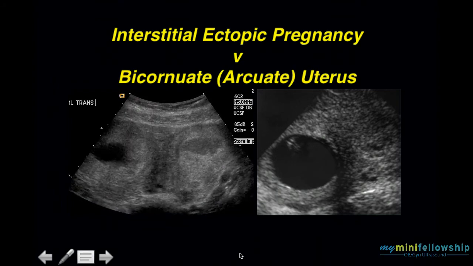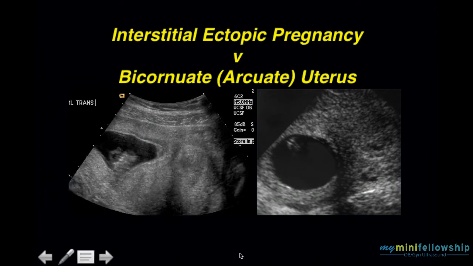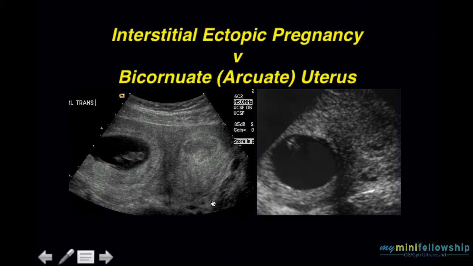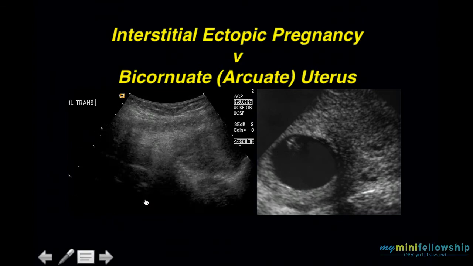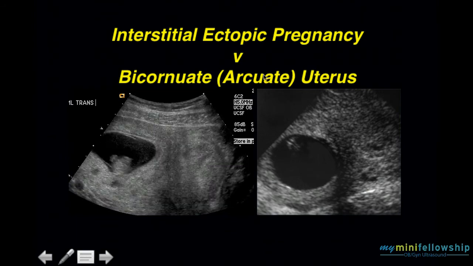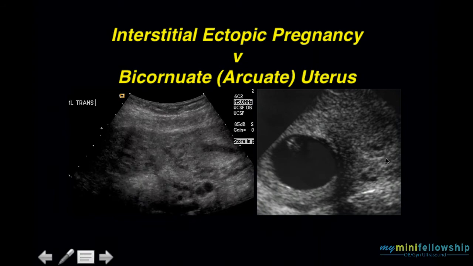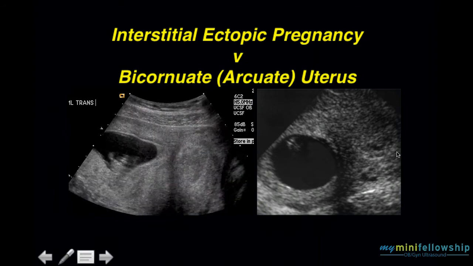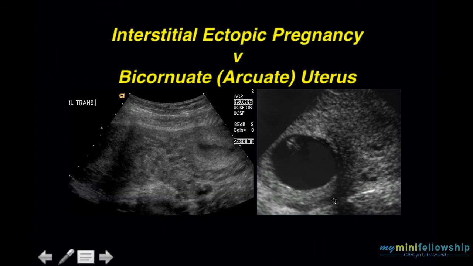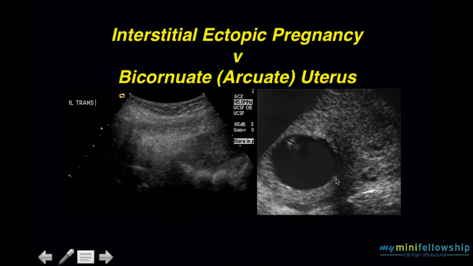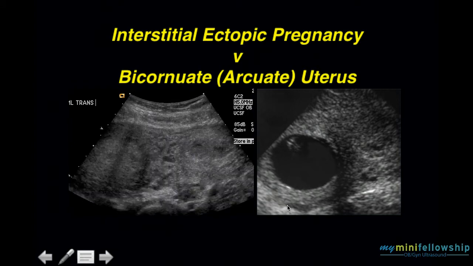This term decidual cast is frequently used in the literature on ectopic pregnancy. The important thing is you can see myometrium 360 degrees around this. When you have an interstitial ectopic, you'll still have an empty uterus. It will still have a mature decidual cast in it. But when you track the myometrium, you'll see that it doesn't go 360 degrees around the developing pregnancy.